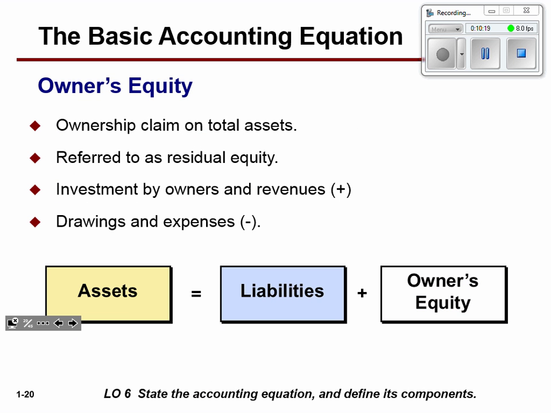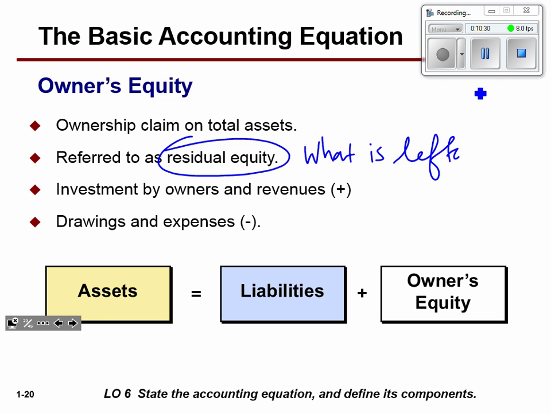Finally then, owner's equity. Again, I used this word once, residual equity. Think of it as what is left over. An owner can have millions of dollars in assets, but if they owe millions of dollars on their assets, do they have much left over?